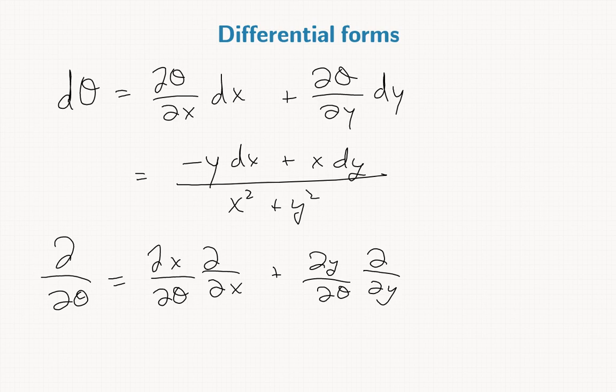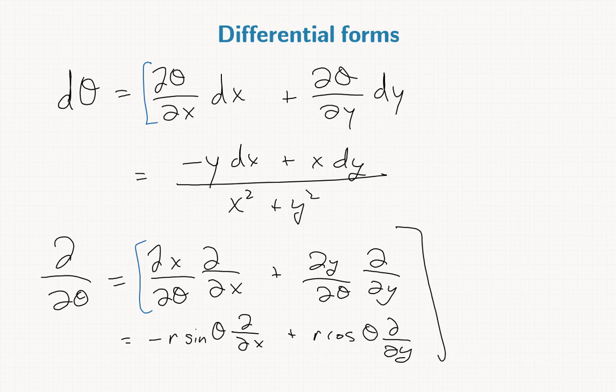So now, these are the opposite things. Del x by del theta would be negative r sine theta del by del x, and this would be plus r cos theta del by del y.